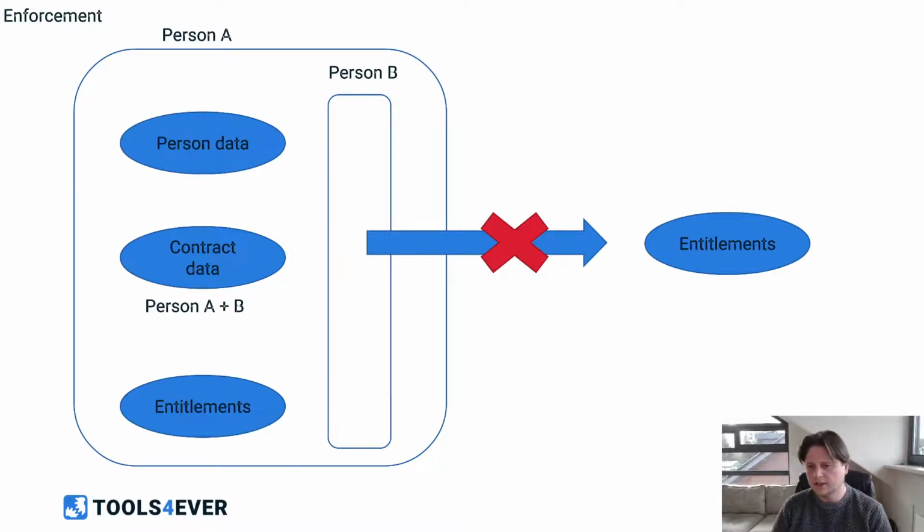In most cases, because the contract data is added to person A, because A and B are summed in the contract data, that means there are more entitlements granted for person A, because it's a new department or a new title. But that's not always the case, though it could be in theory. So that's really important to know.